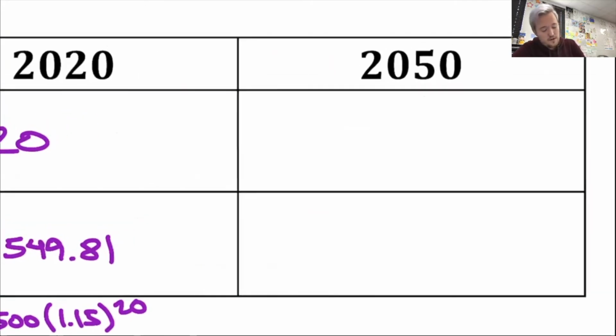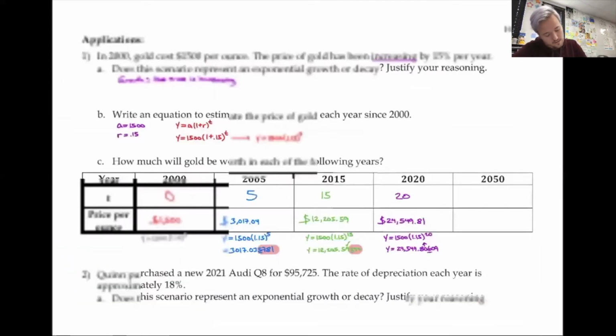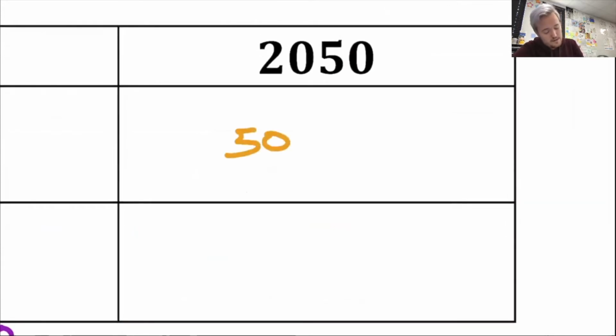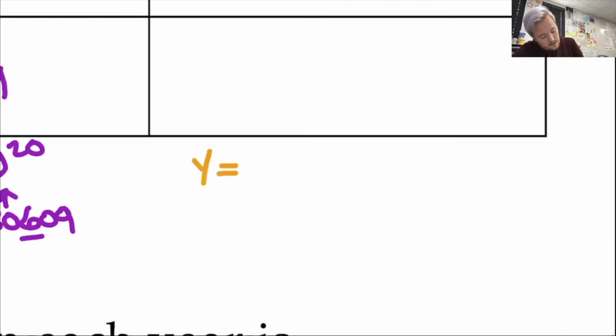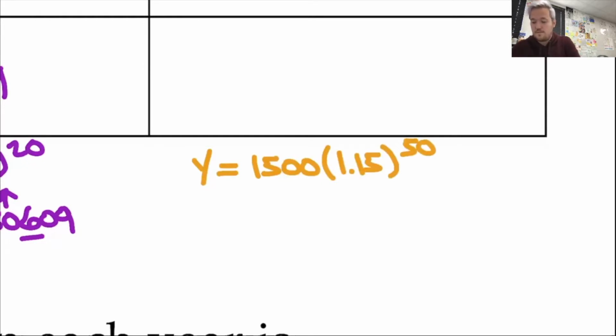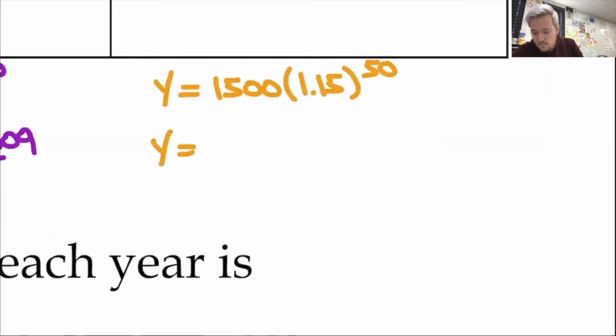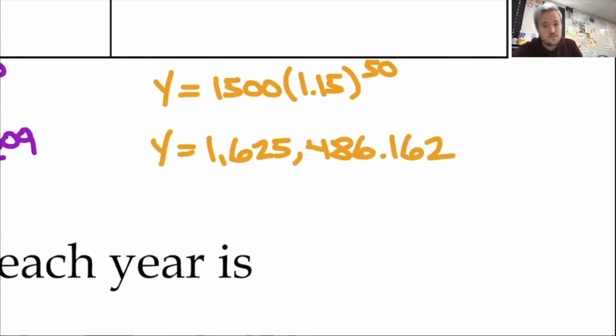All right, so now in the year 2050, did I already do blue? Yes, I did. Let's do orange. In the year 2050, 50 years have passed. So now we're looking at 1,500 times 1.15 raised to the 50. If I raise it to the 50, I get 1,625,486.162.